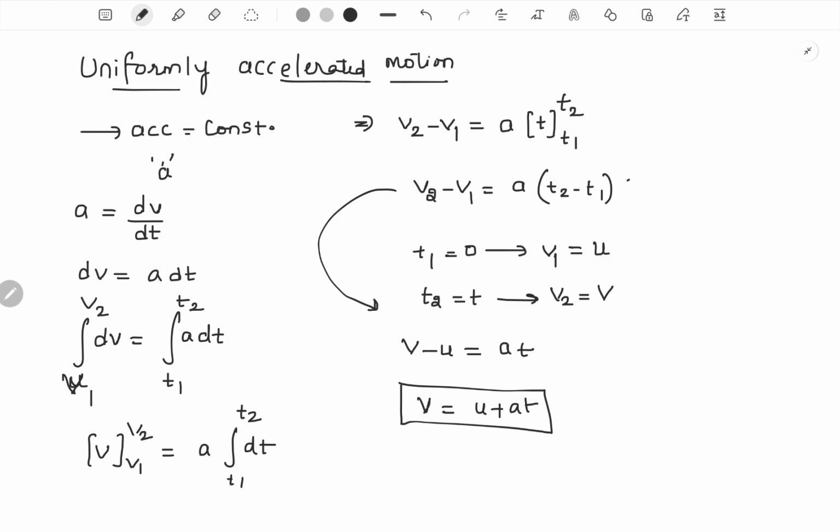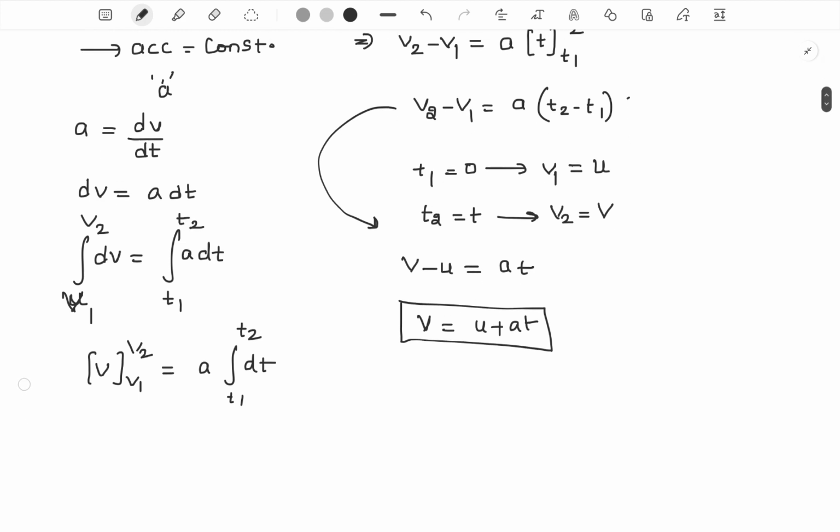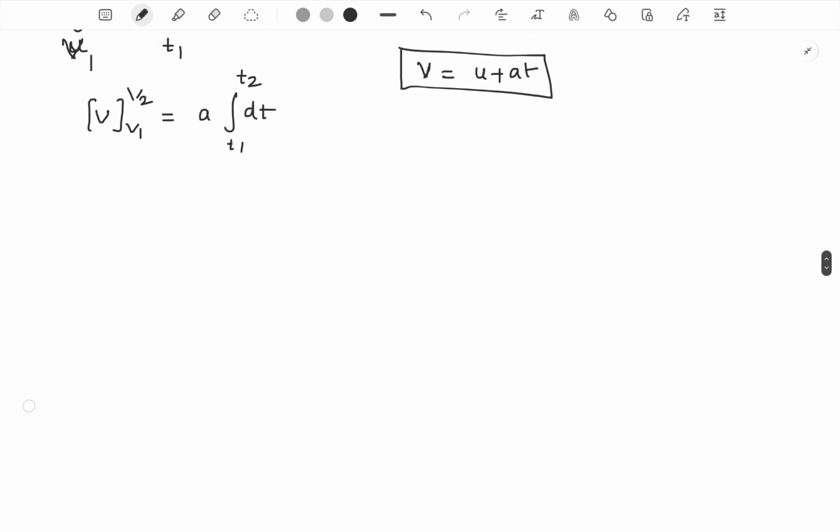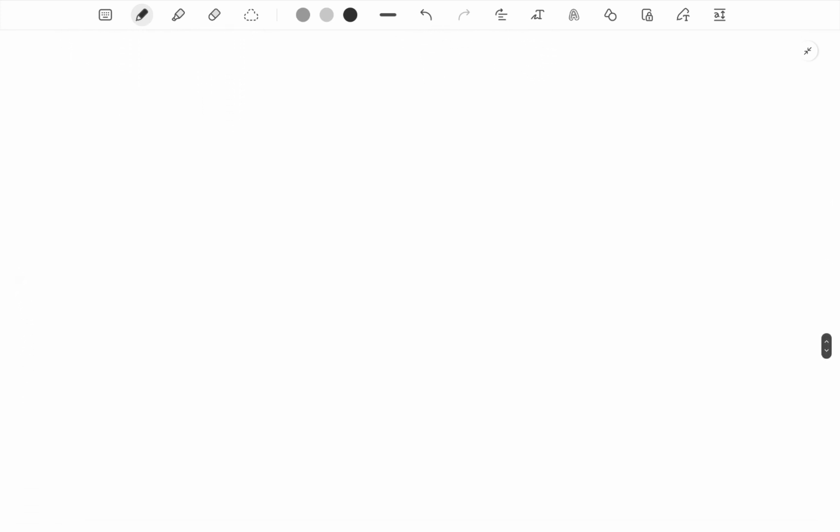Okay, now let us try to get the relation between the displacement and time. So we have the relation connecting v and s, which is nothing but v is equal to ds by dt, or we can write it as ds is equal to v into dt.